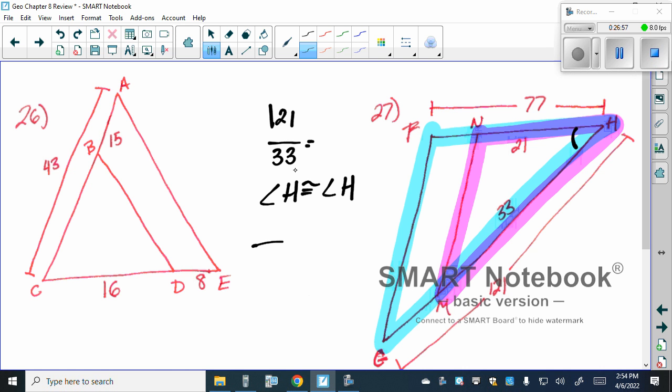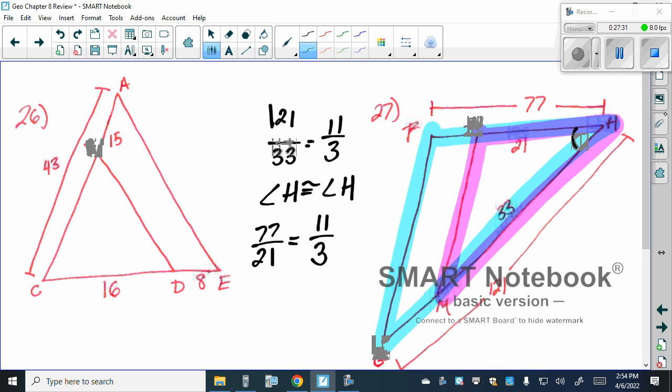And we would see if we can simplify this here. And the other set would be over 21. Well, 121 over 33 reduces to 11 over 3. How about 77 over 21? So do we have 2 sets of proportional sides with a set of congruent angles in the middle? So can we say these 2 triangles are similar?